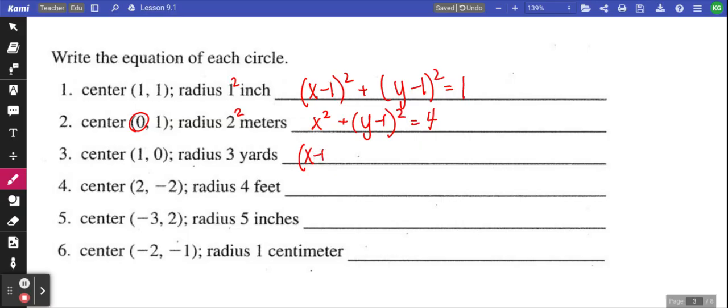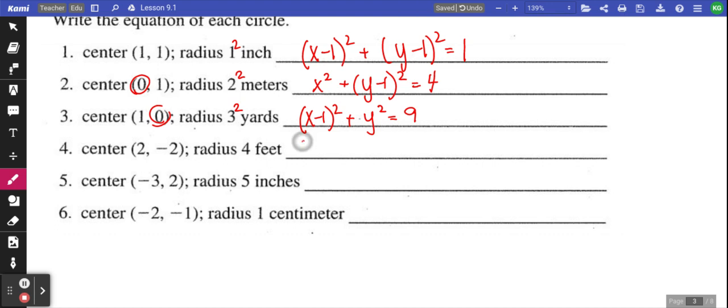This one is x minus 1 squared plus, again, I'm not going to put the y minus 0. I'm just going to put y squared equals 3 squared, which is 9. The next one, x minus 2 squared plus y minus negative 2, which minus a negative turns into a plus.